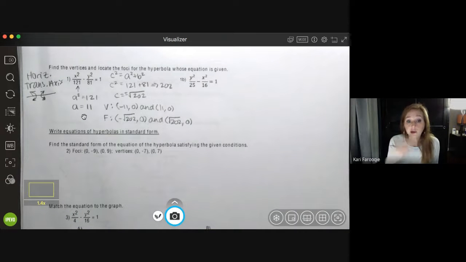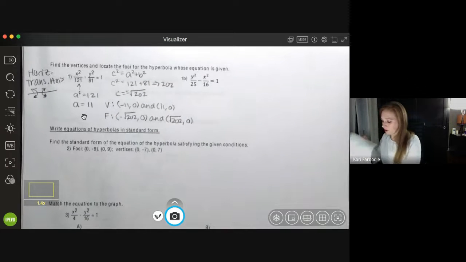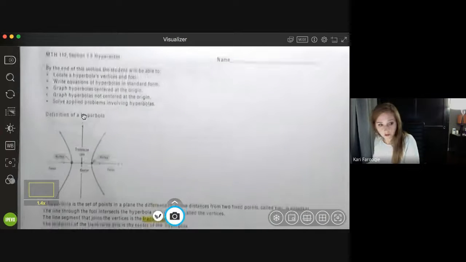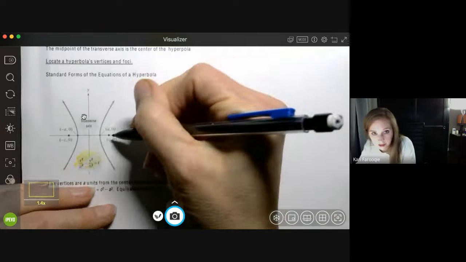Now, if you're trying to do a quick eyeball check to see, does my answer make sense? Remember that for a hyperbola, our foci actually lie further out, because the foci, going back to page 1, have to always be inside the curves.